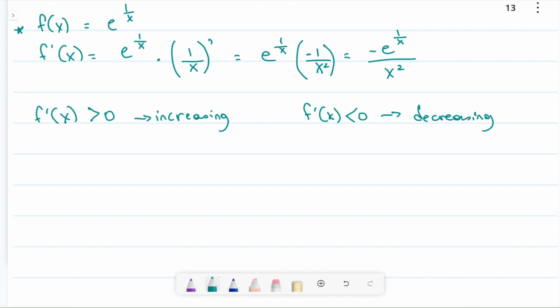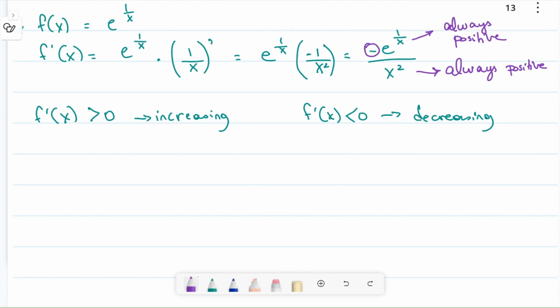Just to point out, in our first derivative, x squared is always positive, and e to the 1 over x is also always positive. So our derivative is always negative because we have this negative sign here.